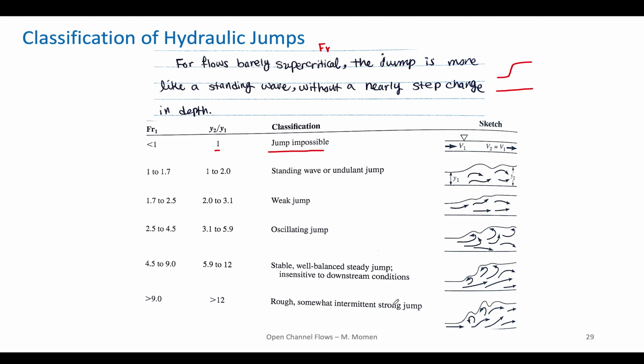These are the strong jumps that we usually see in nature. The y2 over y1 value is going to be greater than 12, so a 12 times difference in the height of the channel is going to occur. So this is the classification of hydraulic jumps. Based on the upstream Froude number, they can have different shapes and different configurations.